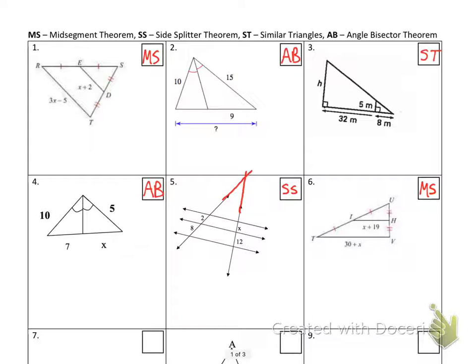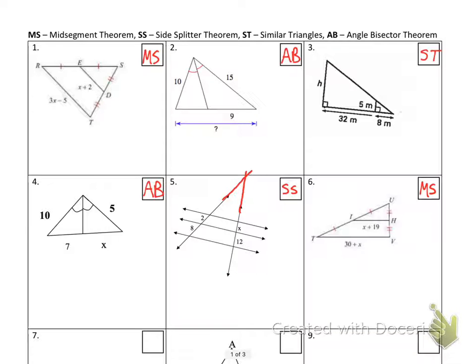So the thing that we're looking for in similar triangles, we talked about this yesterday. What is it that's going to tell us it's a similar triangles problem? It looks like a dilation, but to be fair, side splitter can do that too. Specifically, what we're looking for is lengths given along the parallel lines.